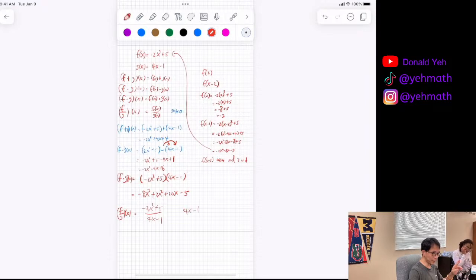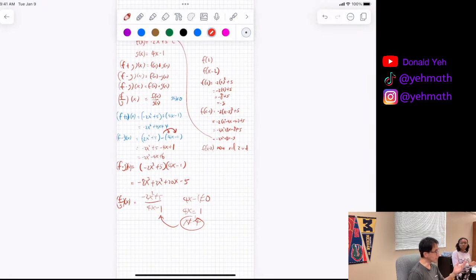So 4x minus 1 cannot equal 0. 4x cannot equal 1. X cannot equal 1 over 4. Why can x not equal 1 over 4? Because if x equals 1 over 4, what will happen? You're going to get 0 on the bottom, and 0 on the bottom is what? Undefined, thank you.